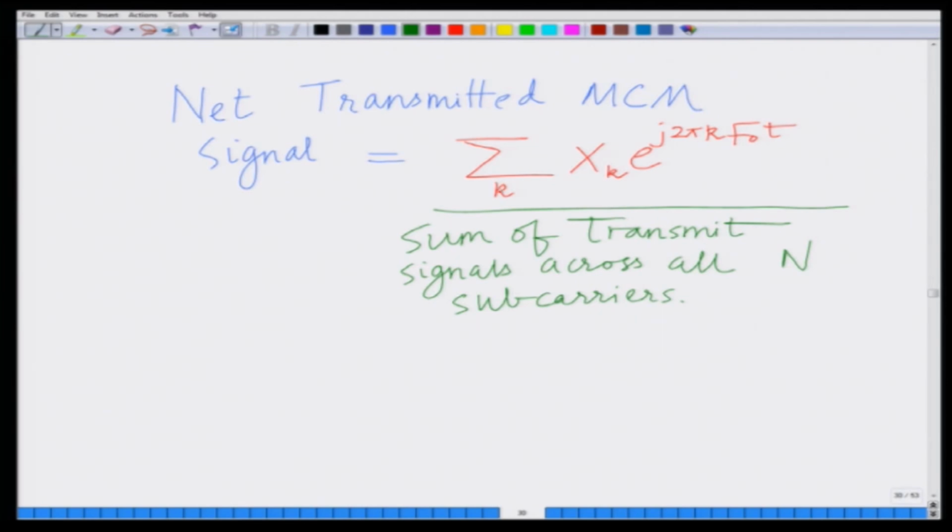So, this is the summation over k of X k, which is the kth symbol, times e raised to j 2 pi k F naught t, which is the kth subcarrier.